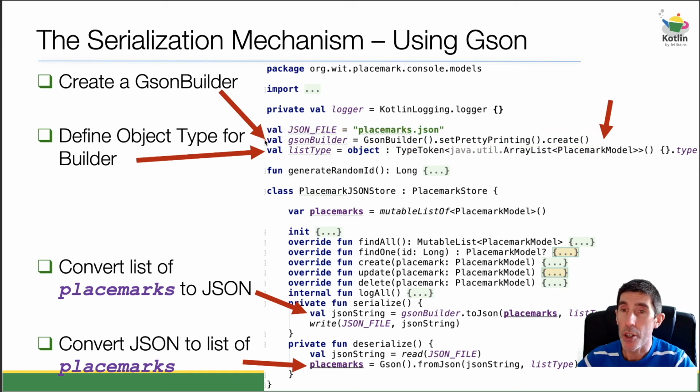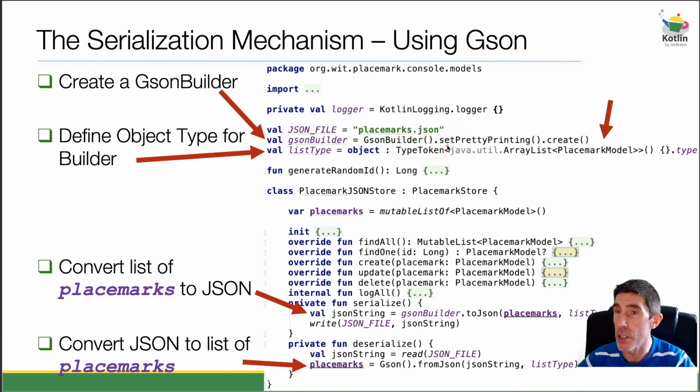This is another important bit here. We define the object type. So if you see it there, the syntax looks a bit strange, but essentially we're declaring our list type, right? We say object, and it's of type token, so it's of type object, but we're saying it's a type token object.